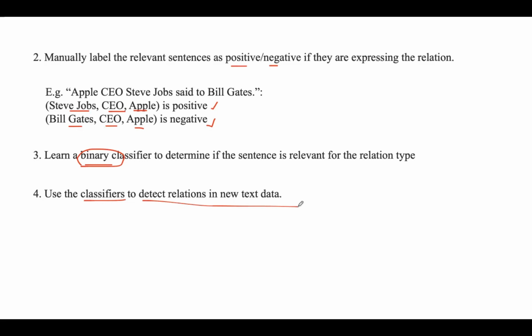This is just like training and testing. Training was done by using the binary classifier, and once the training is done, you need to test the model on new data. We provide new text data and use the classifier to detect relations in it.